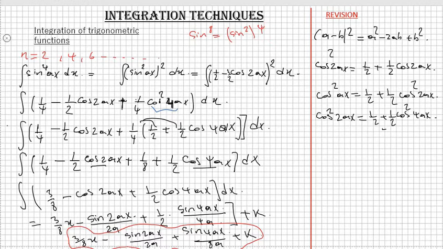So now we're gonna apply the expansion of this. You first replace your sine square by half minus cos 2ax over 2, and then everything to the power of 4. So now you have to expand this bracket, and then later on I use the integration.